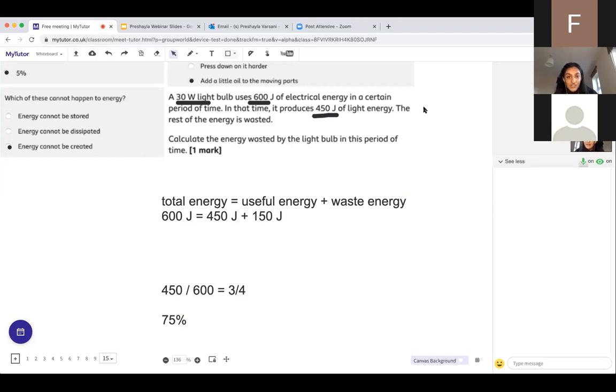The standard question asks you to compare two light bulbs, and I have done a video on it, so you can find it on YouTube. It takes you through the question of comparing two light bulbs to each other. You're given their cost, their useful power output, the total power input, and I think you're given how long they last.